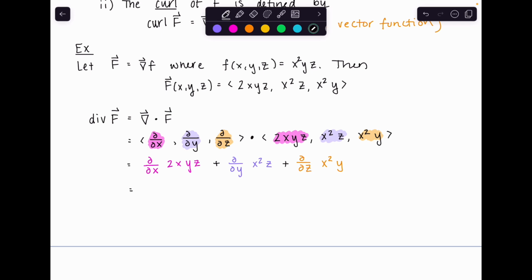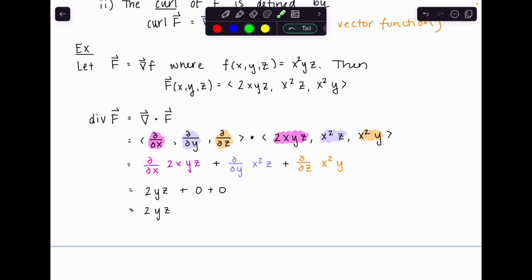So in the first piece, the partial with respect to x, partial of that is 1, so you're left with 2yz. Here, this has nothing to do with y, so it's 0. This has nothing to do with z, so both of these are 0. So the result is the scalar function 2yz.